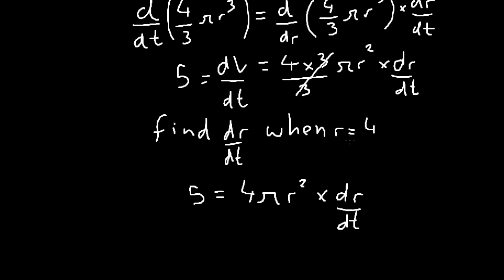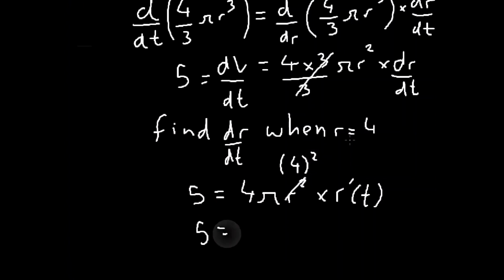Now, I don't know about you, but it gets really annoying to try and solve for something that's a fraction. So I'm going to make life easier, and I am going to put it like this. We're just trying to solve for dr/dt. You can do that, right? This time as well, this is equal to 4 to the power of 2. So let's simplify everything. So 4 times 4 is 16.